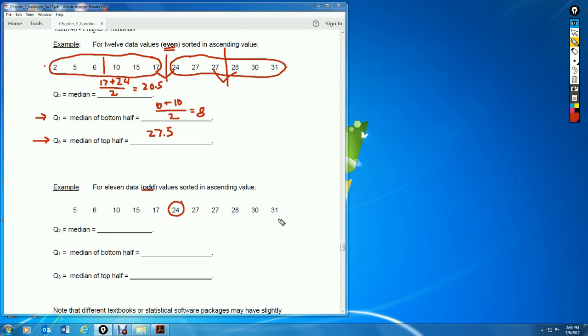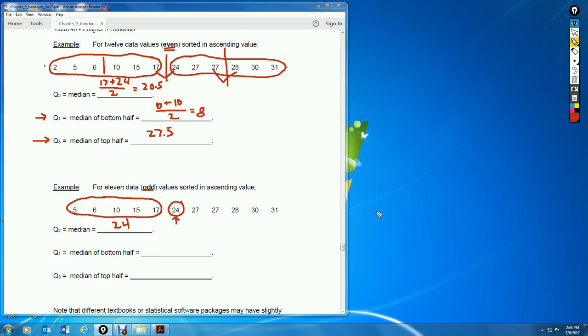Q2 is that number that is exactly in the middle, which is 24. And again, if you look back at the definition for Q1, the median of the bottom half, not including the median, so not including this value, in other words, just looking at these 5.